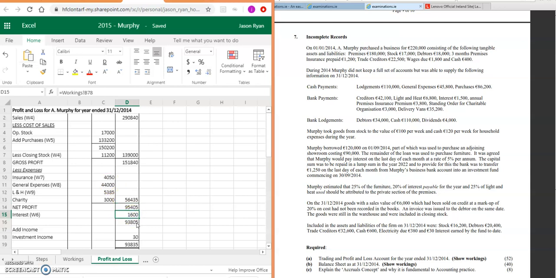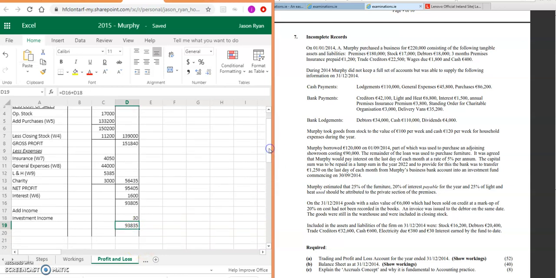So go straight in, reduce it down, which gives us 93,850. And don't forget to put in your investment income of €30 that we get when we put away this 1,250. It tells in the question, we get €30. And you want to add that on. So that gives us then our total figure from our profit and loss of profit of 93,835.